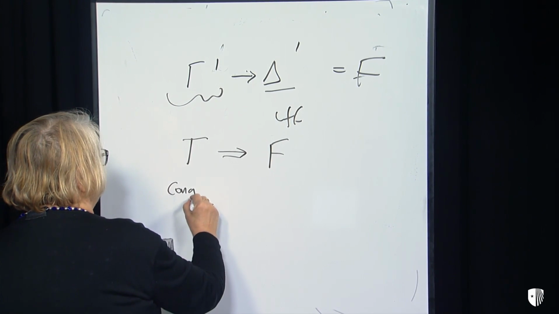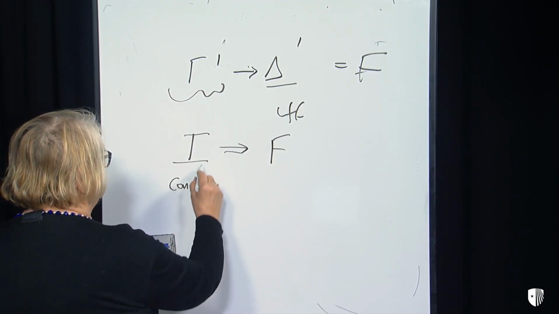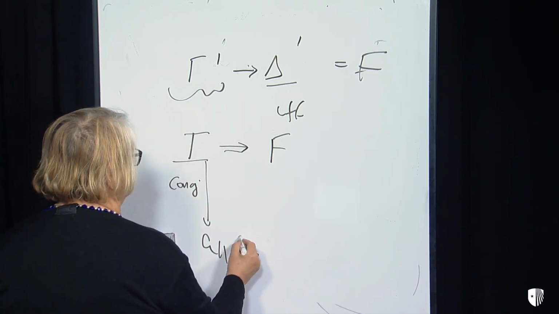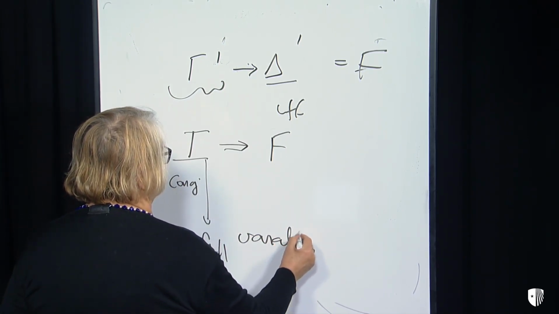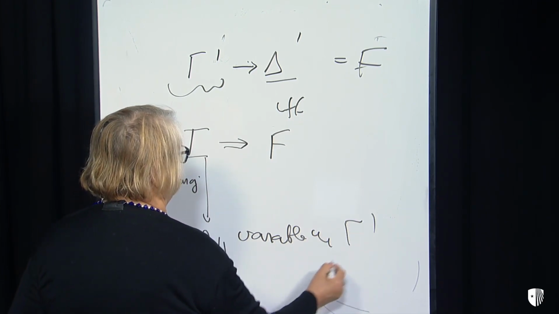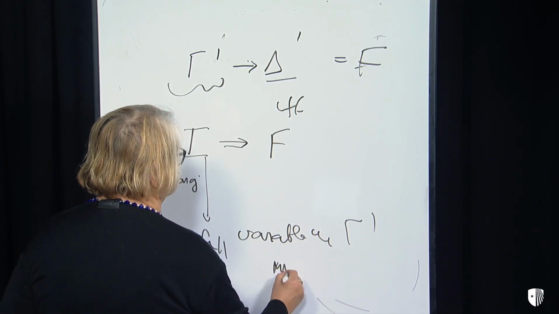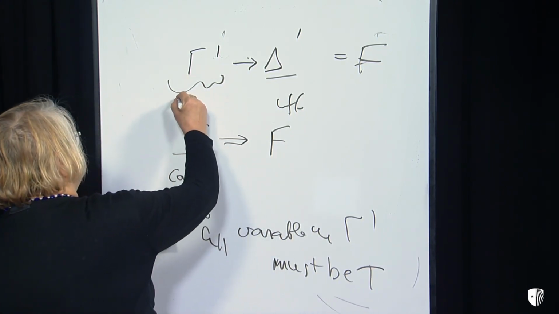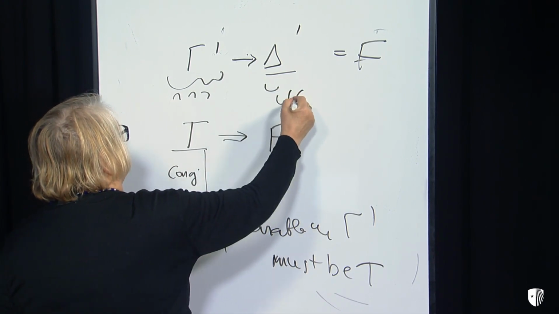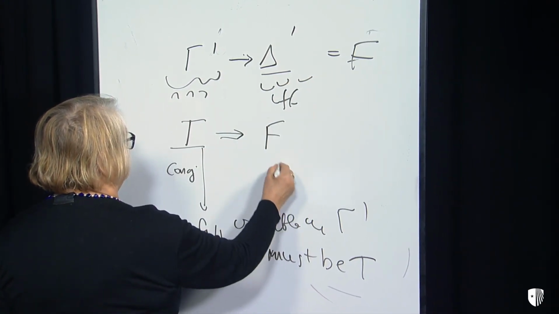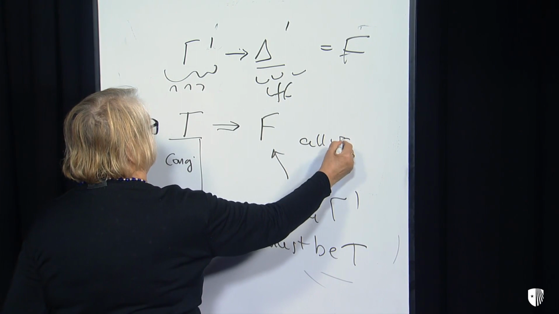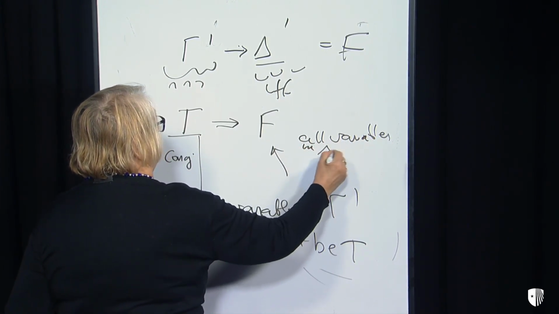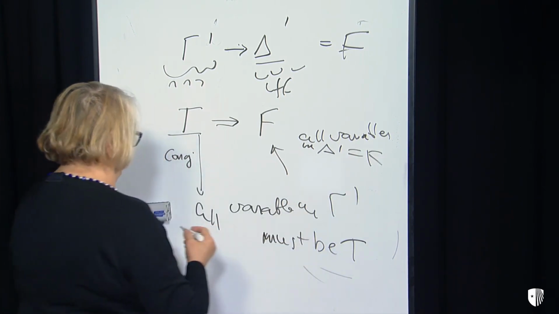This is a conjunction of all variables, so it means all variables in gamma prime must be T, because this is a conjunction. And here is a disjunction, so it means all variables in delta prime are false.